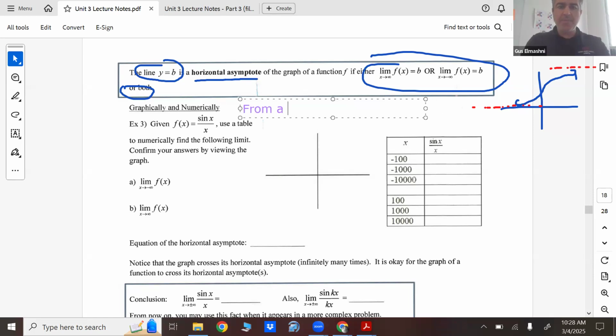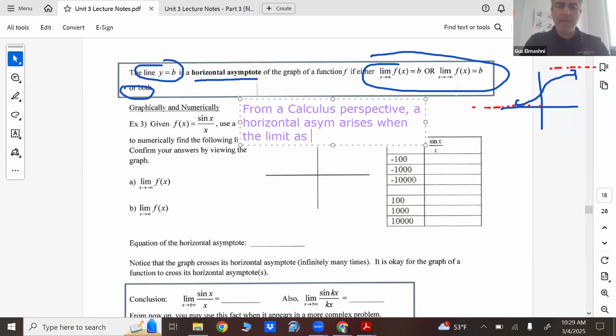From a calculus perspective, a horizontal asymptote arises when the limit as x approaches positive or negative infinity, or both, approaches a finite value.